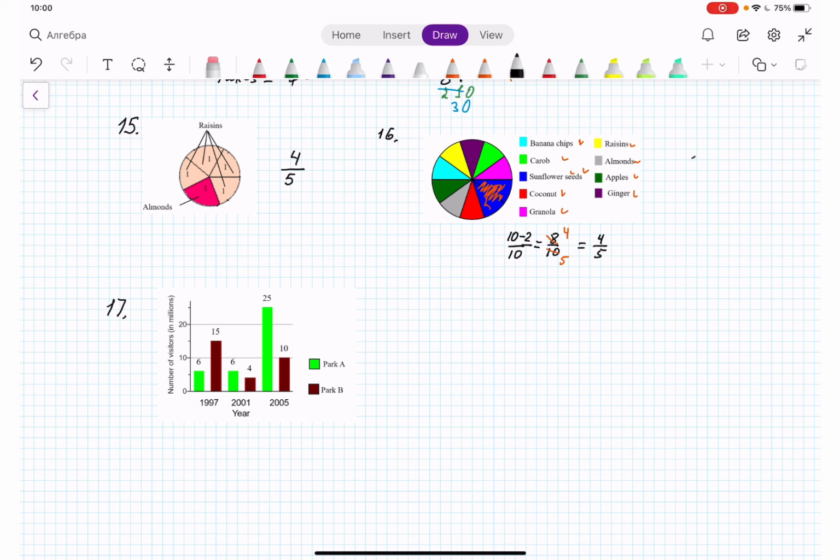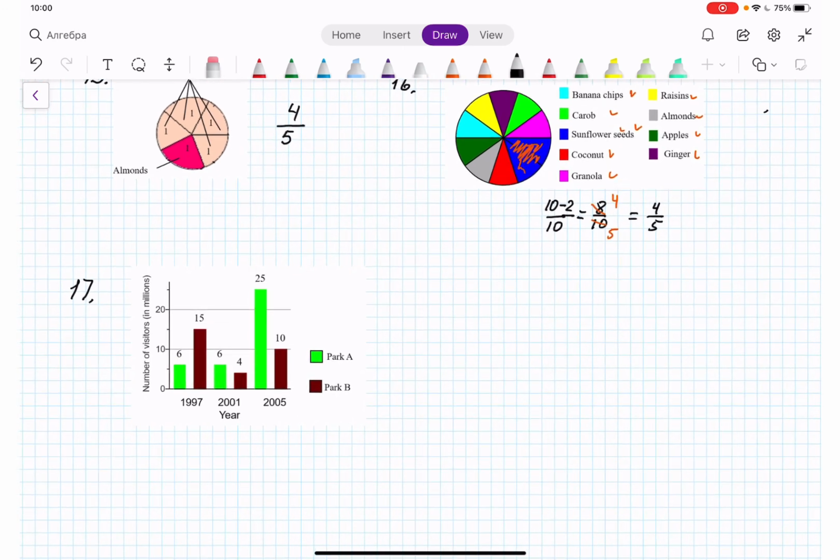Okay, how many visitors did we have to Park B and A in 1997? We had 6 millions plus 15 millions, yes? So let me clean this. 6 plus 15, it's going to be 21.